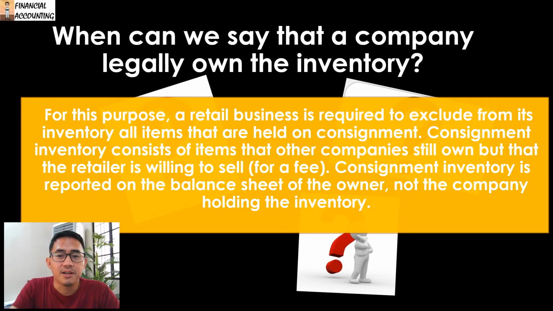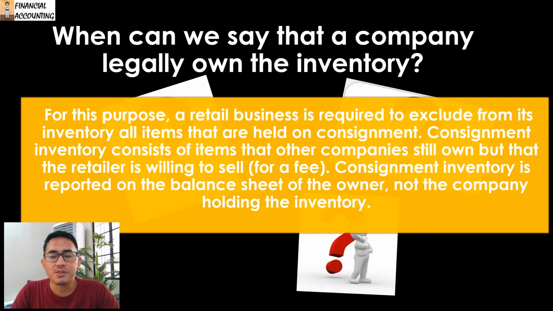So when we say consignment, it's a system of selling goods, wherein the consignor leaves its goods to the consignee, and then waits until the consignee sells the goods for a fee, and then pays back the consignor the amount agreed upon.